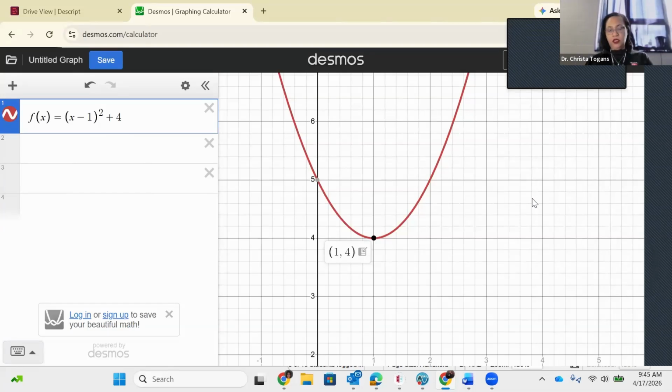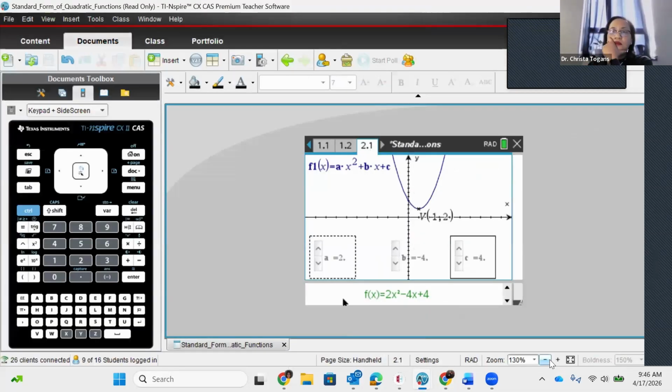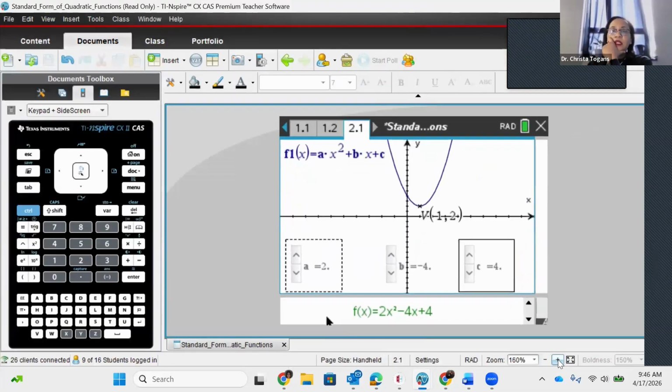So now it says write an equation for a parabola that opens down with a vertex of 1, 4. So now they want you to actually come up with an equation where the vertex is 1, 4. So for the one we just did, what did I get? X squared.